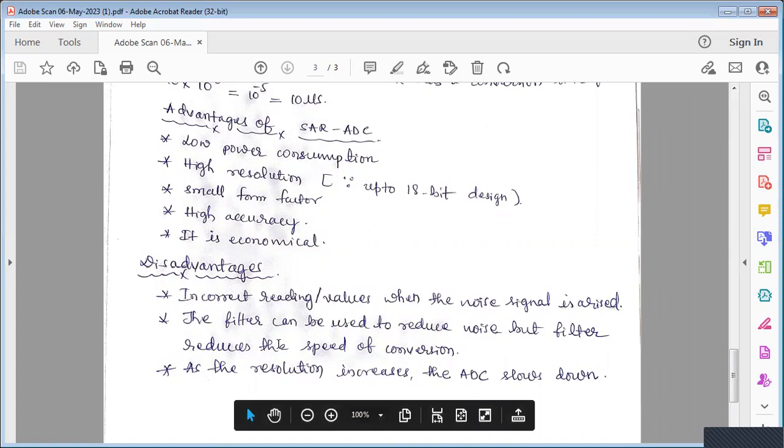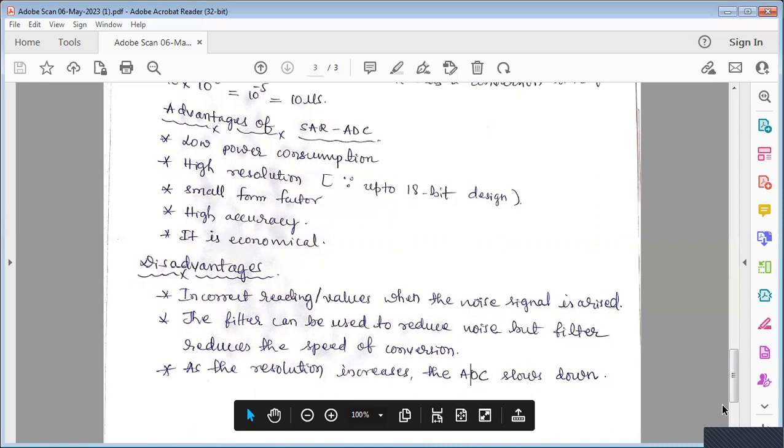Another disadvantage is that as the resolution increases, the ADC slows down. For example, an 18-bit design generally has high resolution. But as the number of bits increases, the speed of the ADC slows down. So that is another drawback.